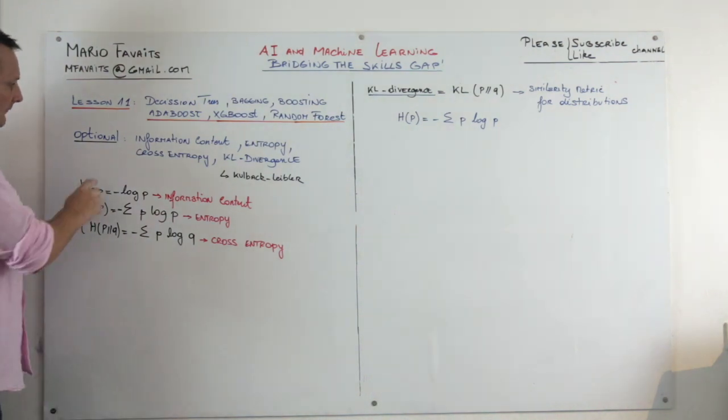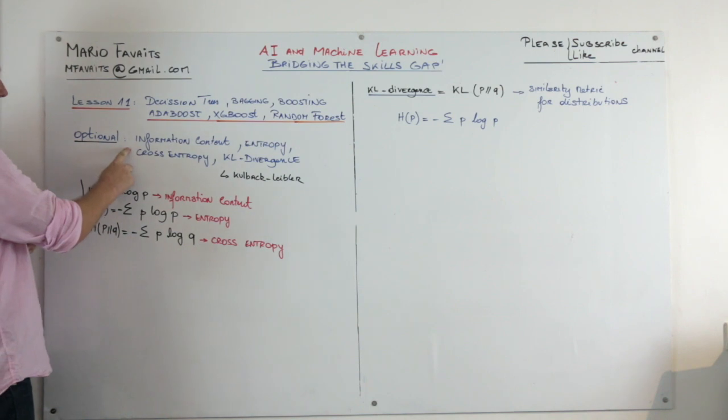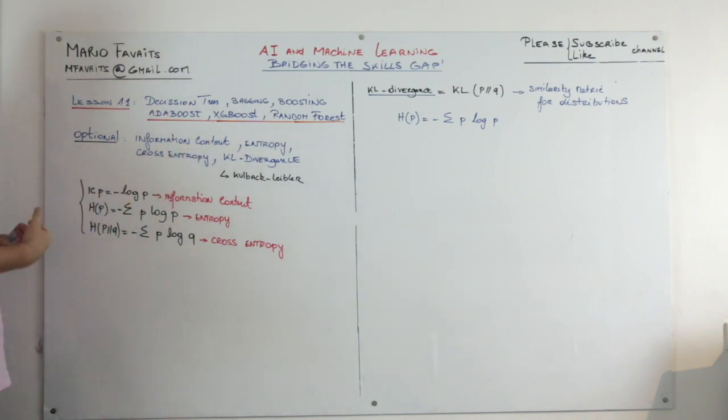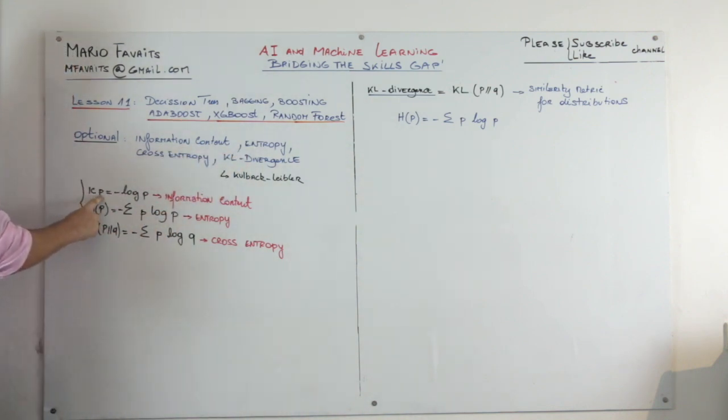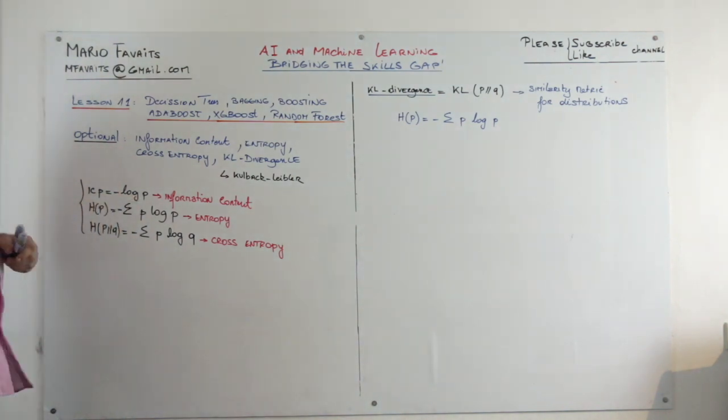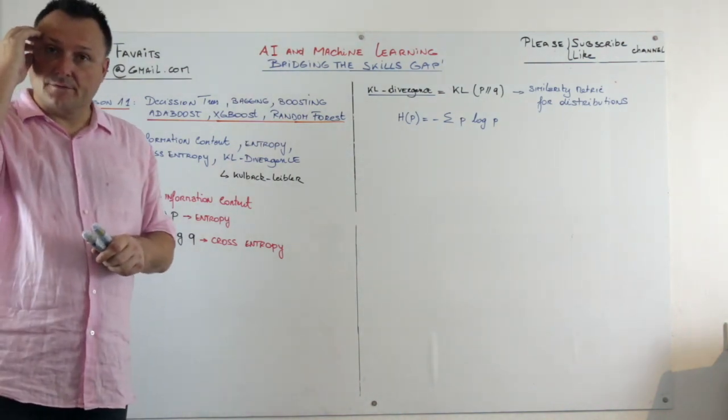Alright, welcome back to the optional session on information content, entropy, cross-entropy, and KL divergence. We've seen these three. Remember, information content of a distribution is inversely proportional to the probability distribution.